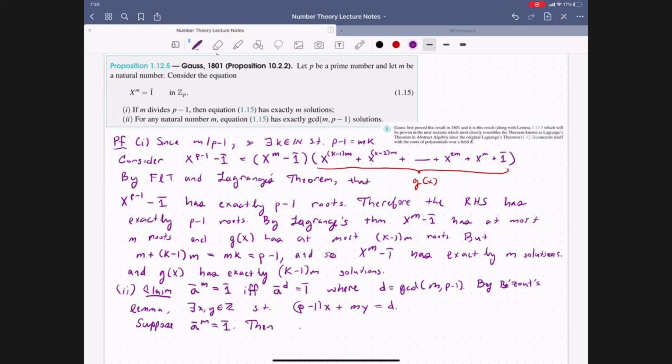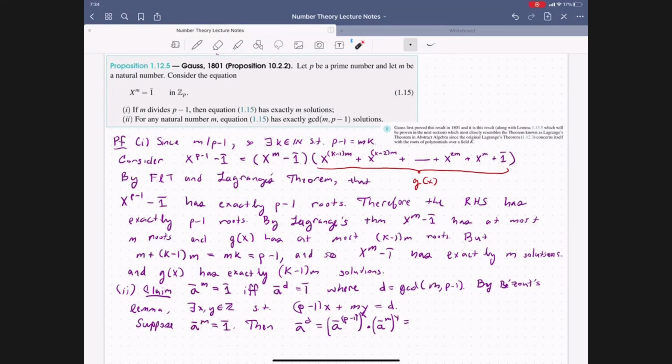Then a bar to the d, by Bezout's lemma, is a bar to the p minus 1 times x times, by the exponent rule, a bar to the m times y, where I bring the y over and the x above. But a bar is a reduced residue because it has a multiplicative inverse.